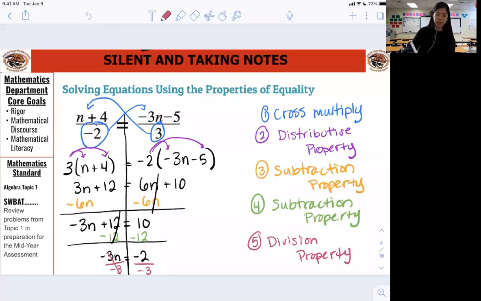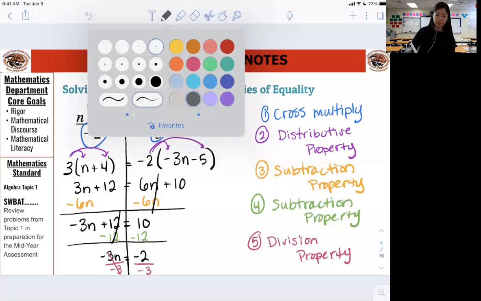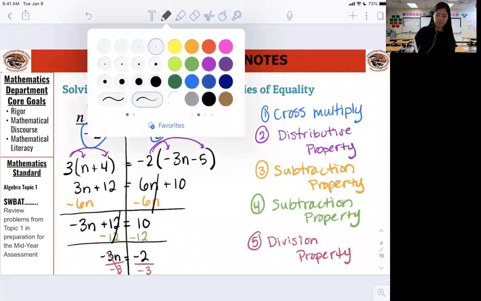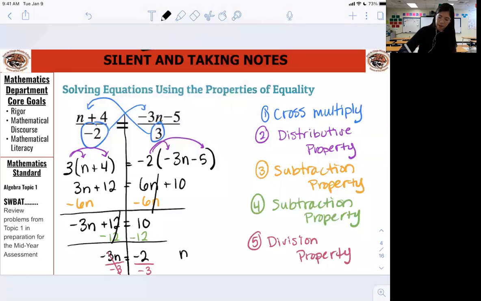So when I divide, my final answer is n equals -2 over -3. You're close, positive. Yeah, because I have -2 divided by -3. Two negatives make a positive. So I end up with positive 2/3.